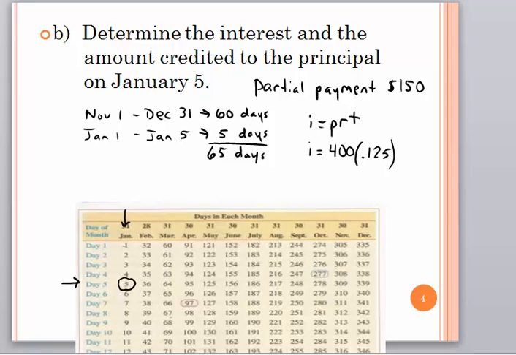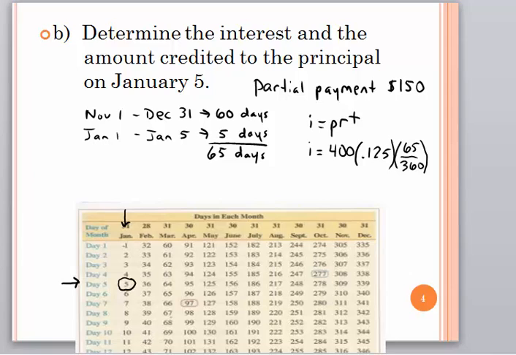And the time needs to be in terms of years. And so we'll take the number of days, which is 65 days, and we'll put it over a year. And recall that the banker's rule indicates that a year should be looked at as 360 days.